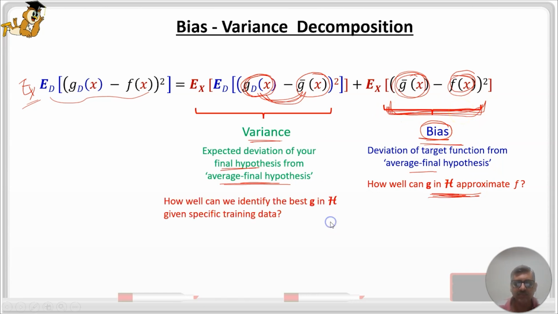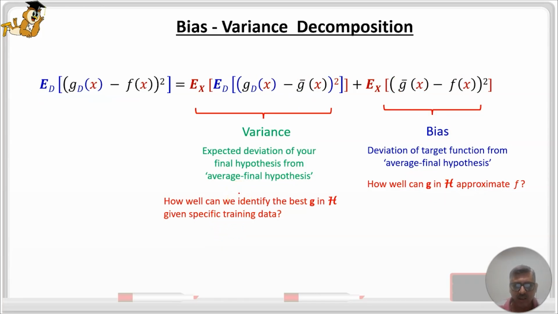Similarly, for variance, we ask the question: how well can we identify the best G in H given the specific training data? Remember, that was the question. And let me declutter this. If you look at this mathematical equation, you will see that that is exactly what this quantity captures.